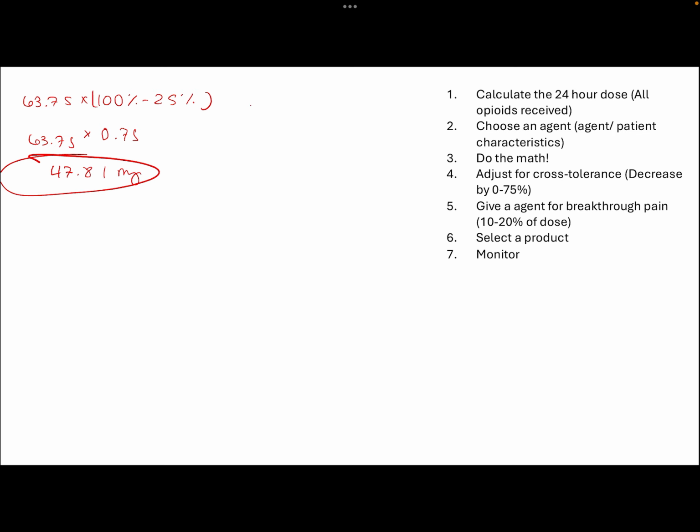So let's go ahead and calculate breakthrough. So that would be this 47.81 times 0.1 or times 0.2, or you can do 10 and 20% here. That gives me 4.78 to 9.56.